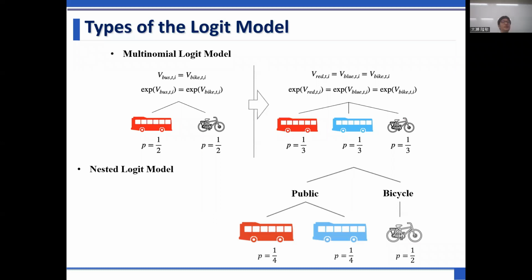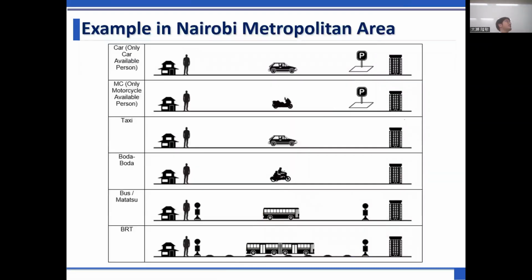So when you consider the case in the Nairobi metropolitan area, as described in these tables, the ordinary person's mode choice alternatives are private car, which is only for car-available persons, motorcycles, which is only for motorcycle-available persons, taxi or Uber, boda, and bus or matatu.